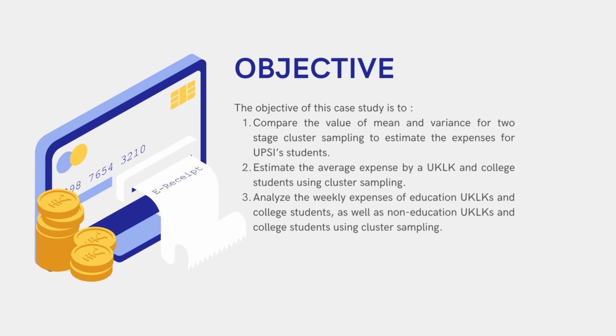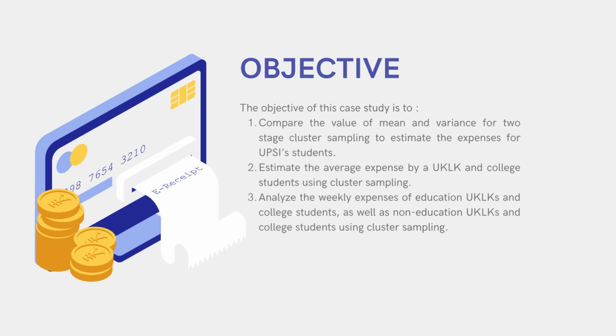The last one is to analyze the weekly expenses of the education students and non-education students based on the area they stay, which are divided into college and UKLK area, by using this cluster sampling.